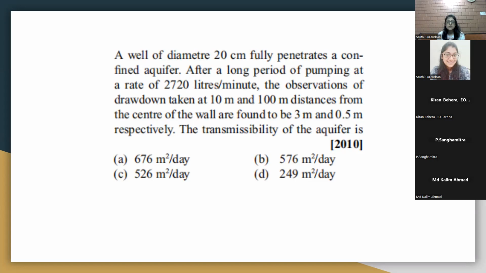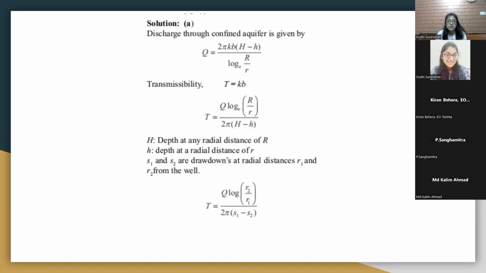I give you 2 minutes. If you can do the calculation, it is going to be a revision for you for whatever formula. I can also even show you the formula that we had done. This is for a confined aquifer. Q is equal to 2 pi kb into (h minus h) by log of r by r. That is, if the infinite radial distance r is taken, h will be the corresponding height of the water table at distance r.